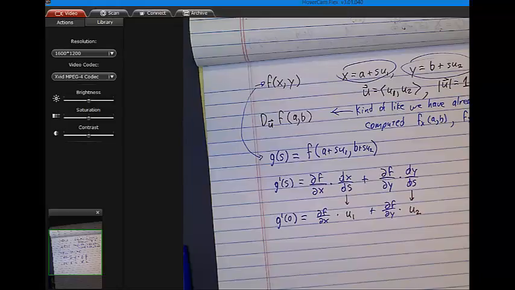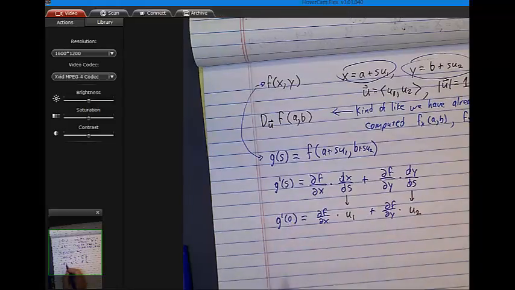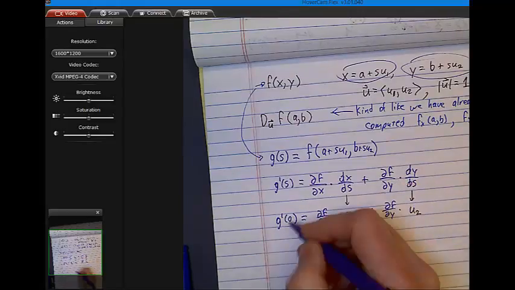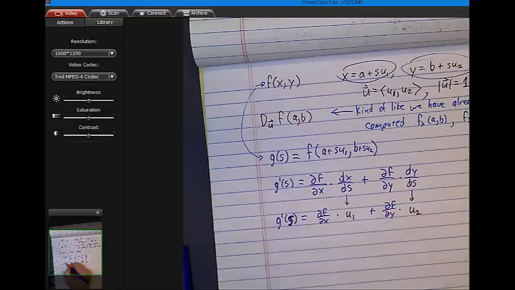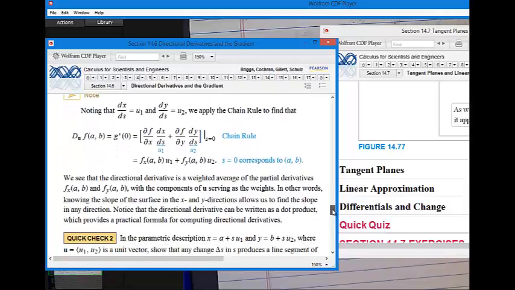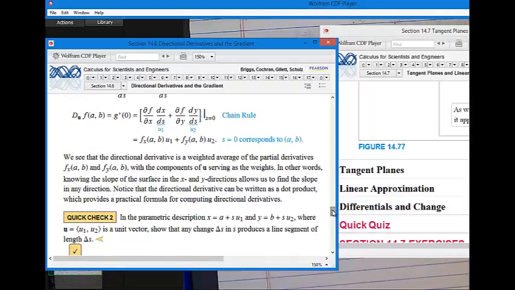Oh, but wait a minute. I put a 0 there, so I have to be careful now, right? In order to put a 0 there, well, let's keep the s there for now, and then we'll come back to the 0. So these are functions of a, b. So what you notice then is that there's an easier way to write this, okay?